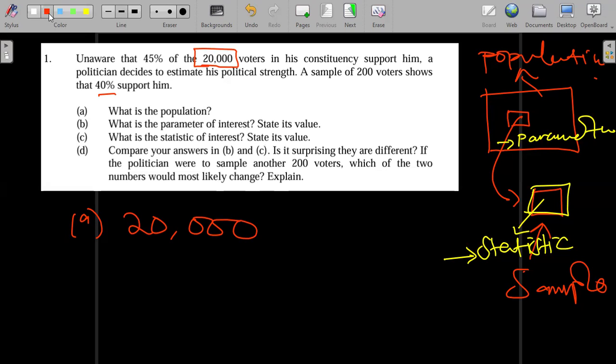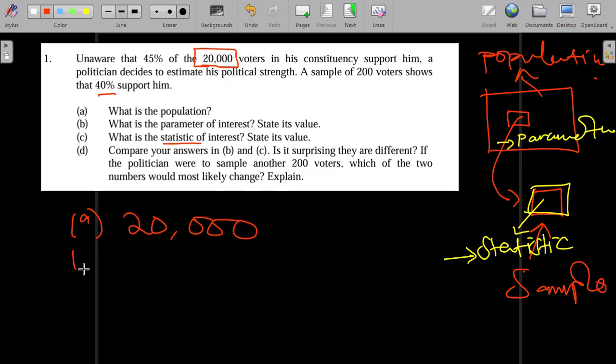Be careful when they ask you to define this word, because I've seen people mix it up with statistics. Statistics is the science of getting the information, working on it, and then coming up with an informed decision. When they just say statistic, they mean a numerical summary that describes something about the sample. So there's a difference there.